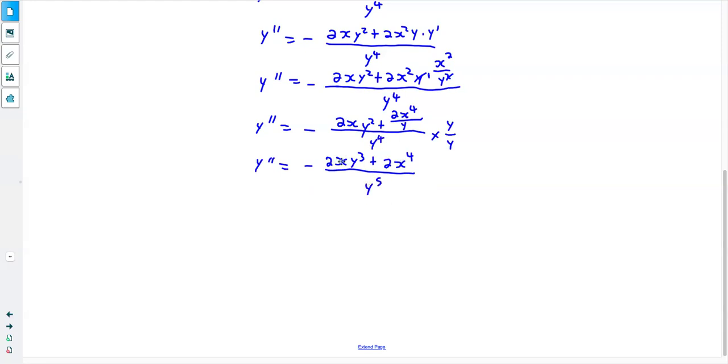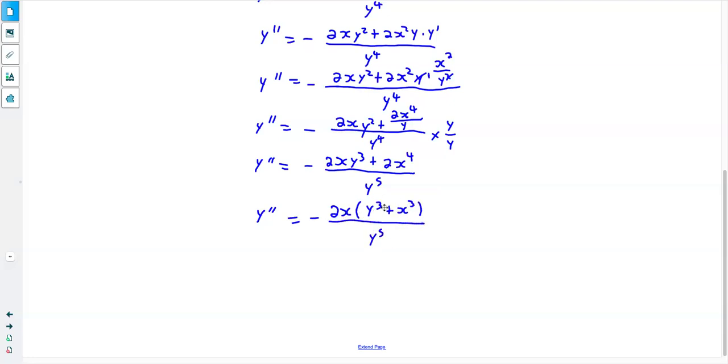Now, something I notice is I can factor 2x out of both these terms, so that gives me y double prime is equal to negative of 2x bracket y cubed plus x cubed over y to the power of 5.